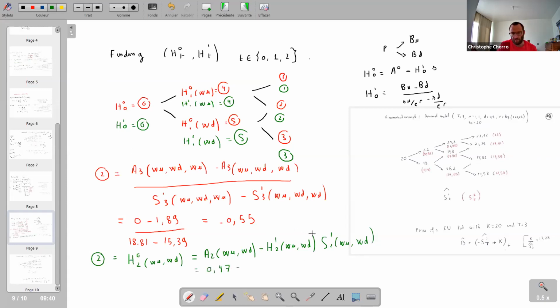Minus this term, that is just this one, and S1^2(WU, WD) is equal to 17.96. And I obtain for this one exactly what I want.